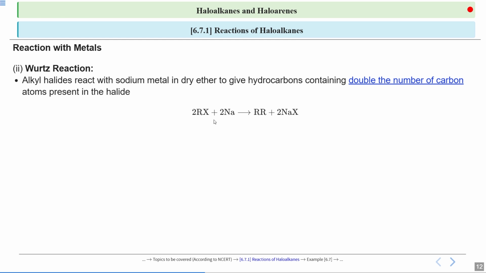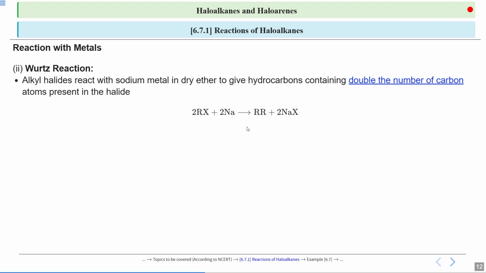Here the reactant is an alkyl halide, because we are talking about haloalkanes, right? So you have to react 2 molecules of haloalkane with sodium metal, and you will get a hydrocarbon having double the number of carbons compared to the alkyl halide, plus 2 NaX, sodium halide, as your side product.